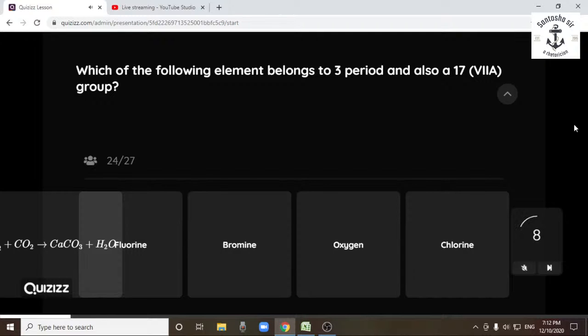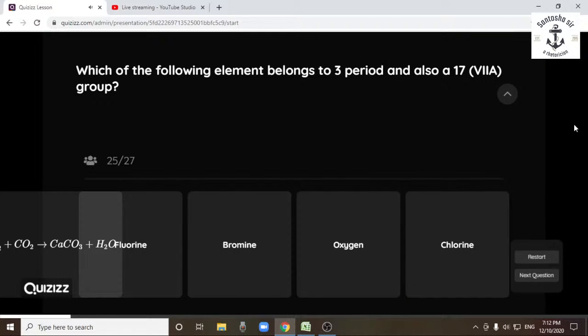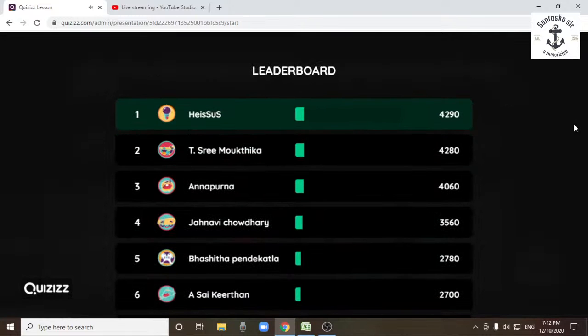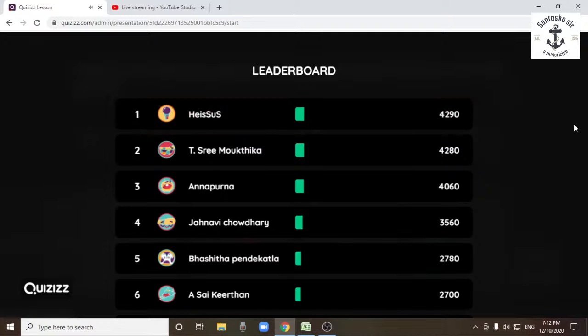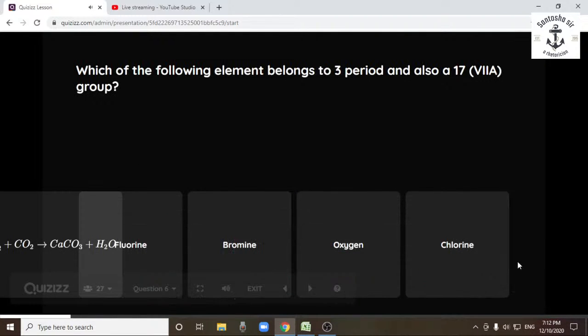And this particular quiz's big part is not just from the human eye, it is from multiple chapters, both physics and chemistry. Time is up. 25 answered out of 27. Let's check the leaderboard scores. We have Theseus on top, Srimoktika, Annapurna, Jahnavi. 7 members answered this question right. Moving on to the next question.